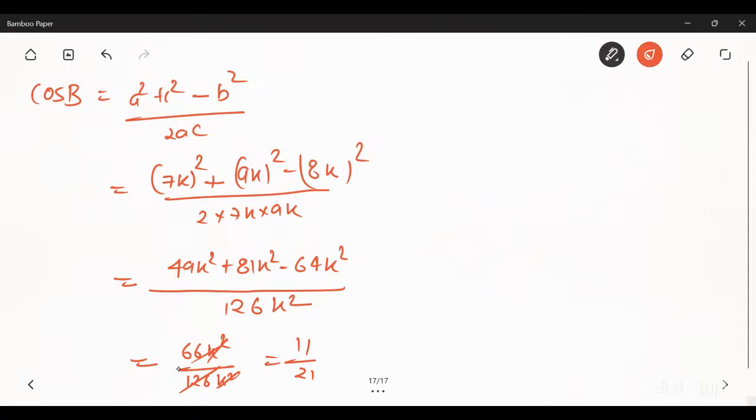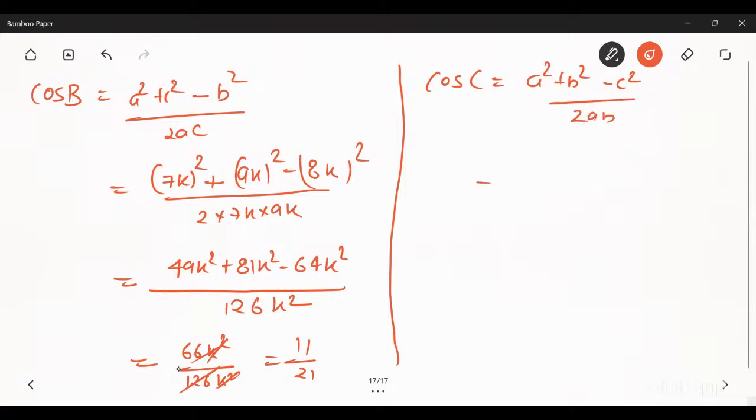Now the value of cos C. Cos C is equal to A square plus B square minus C square, since C is the corresponding side, upon 2AB. The value of A is 7k, B is 8k, C is 9k, so (7k) square plus (8k) square minus (9k) square upon 2 times 7k into 8k.